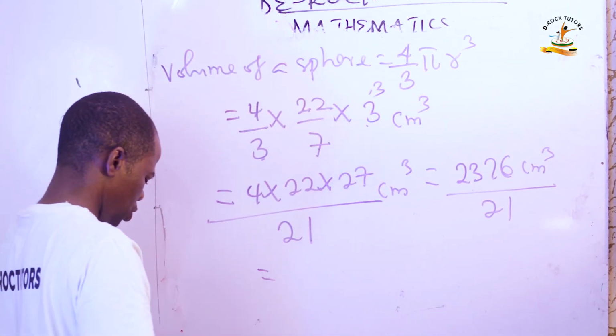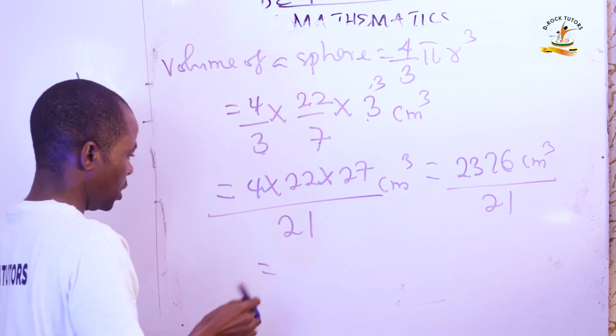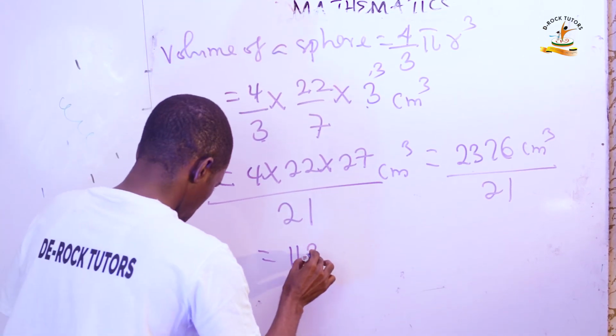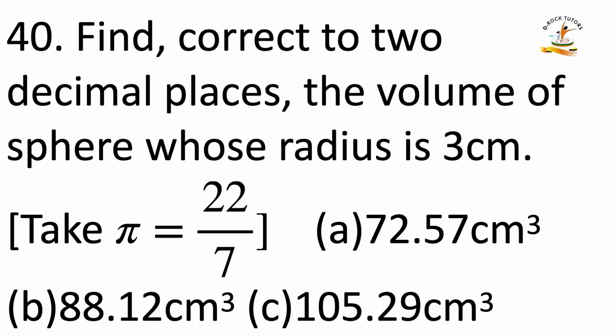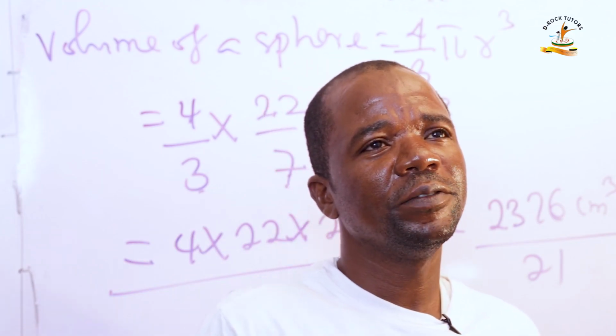If you do the division, that gives us 113.14 centimeter cubed. That is the volume. And if you look at the options, that is option D. That's the correct answer.